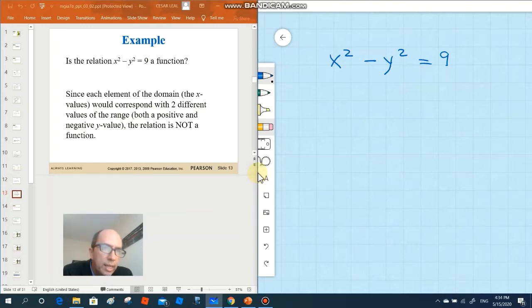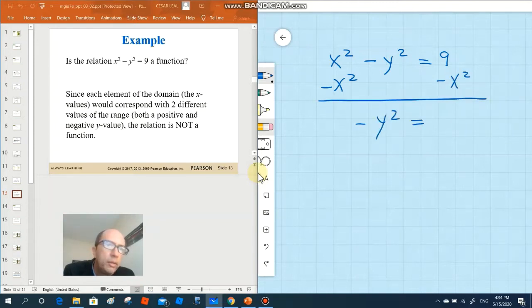First, let's change this form of the equation to have just y on the left hand side of the equation, right? So let's subtract x squared from both sides. -y squared equals 9 minus x squared.